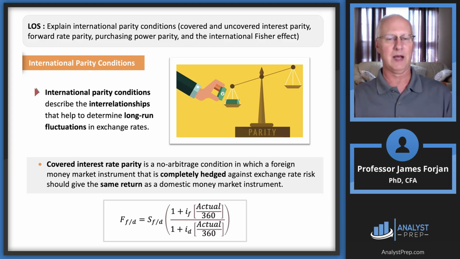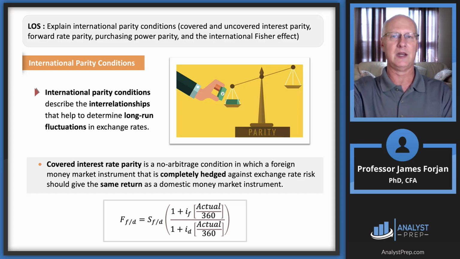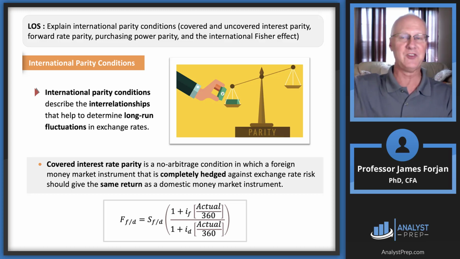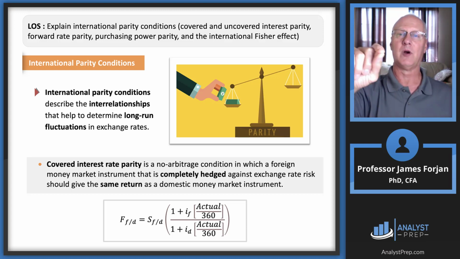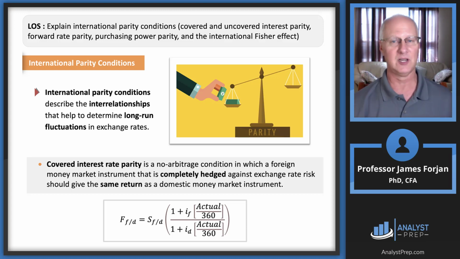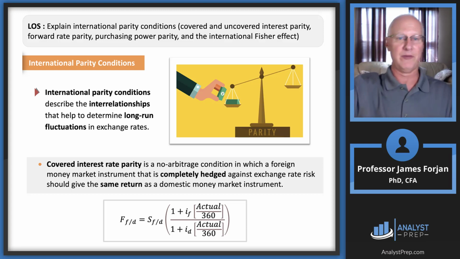And so think about it this way. Here I am in the United States. I convert that to Canadian dollars. I go and invest it in some Canadian money market instrument. I hedge that with a forward contract. So now remember, this Canadian money market interest, can I say this? It's going to be risk-free. So I know what the future value is.